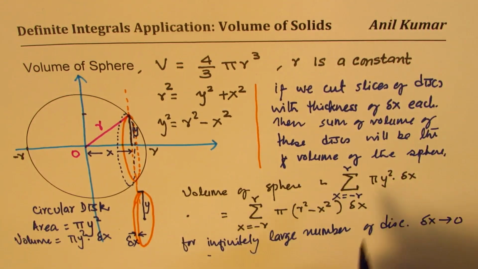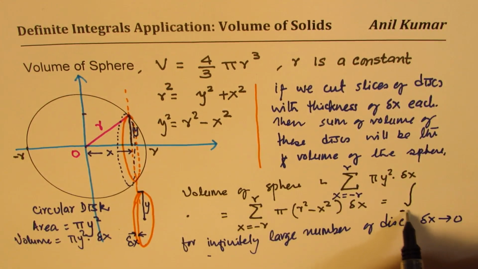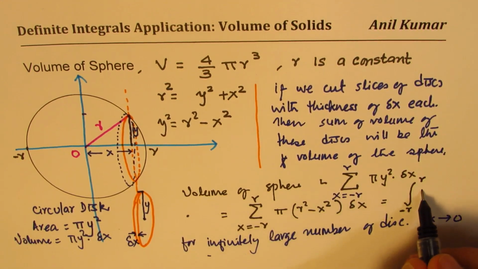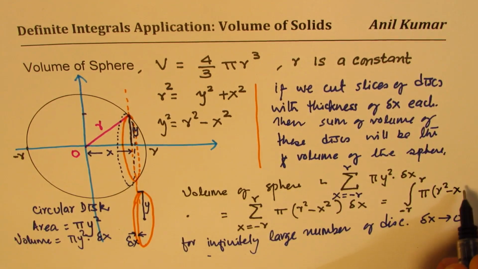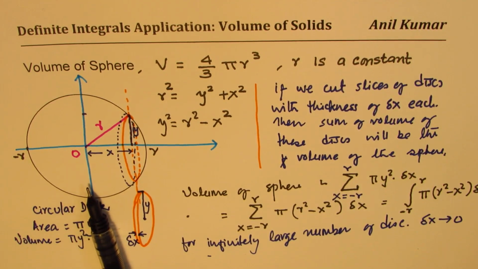So we could now write this as the integral from minus r to plus r of pi (r squared minus x squared) dx. Perfect. So that is how we can calculate the volume of this sphere.